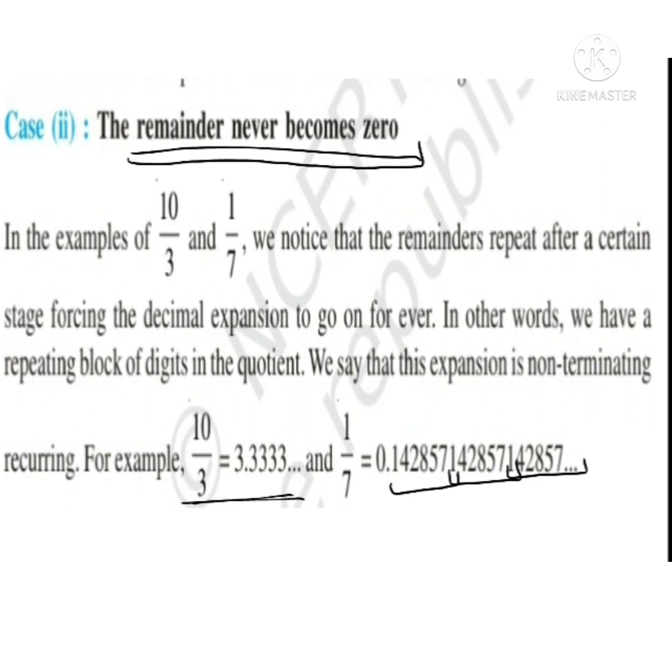After 6 digits, the digits are repeating. So such types of numbers are called non-terminating recurring numbers, or we can say non-terminating recurring rational numbers. These are rational numbers because they can be written in the form p by q.